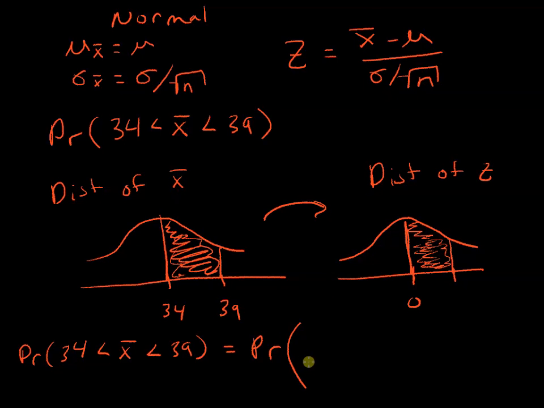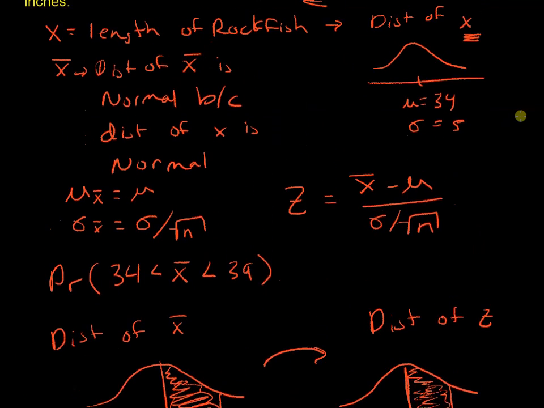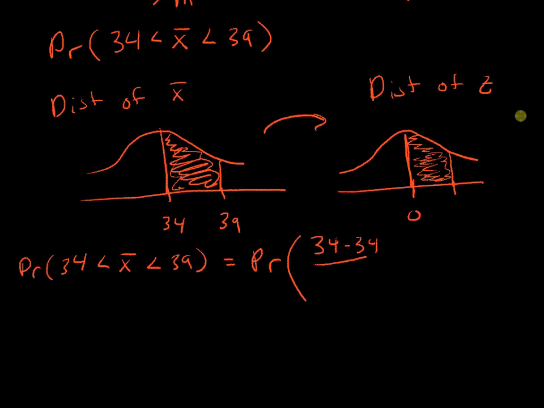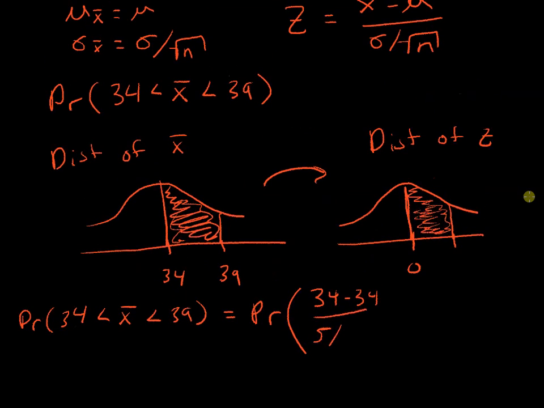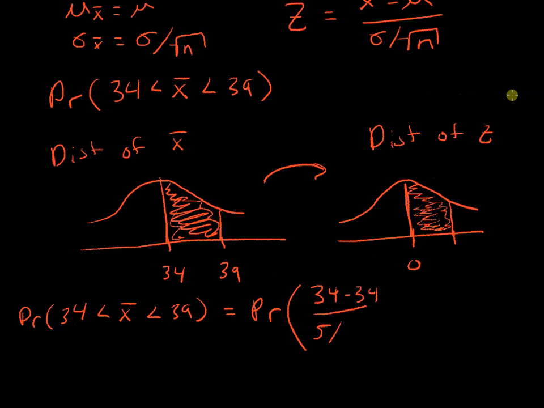I'll do it for the 34, even though I know it's 0, because it's 34 minus the mean. The mean is 34 as well, so that's how it zeroes out. Divided by sigma, which is 5, divided by the square root of n.